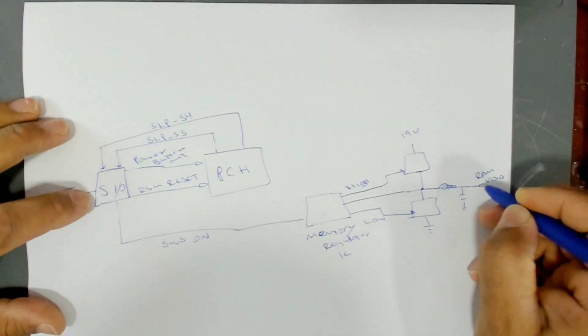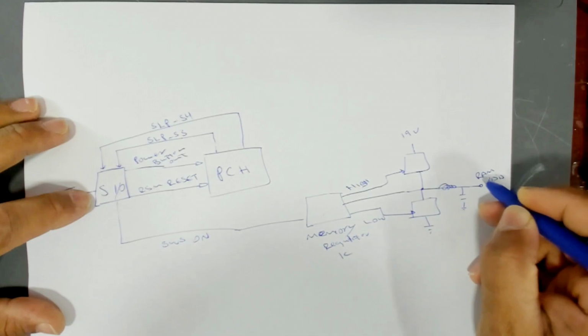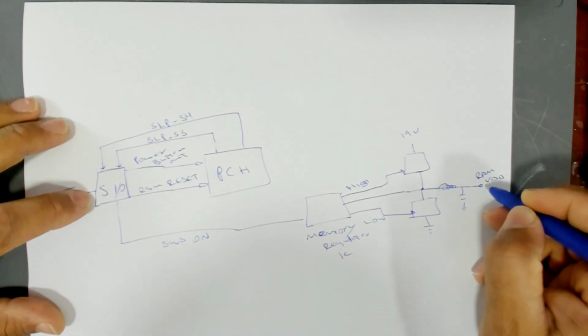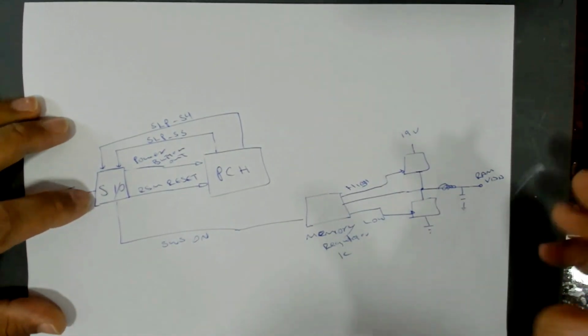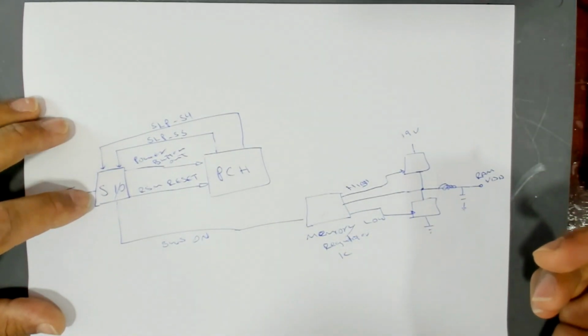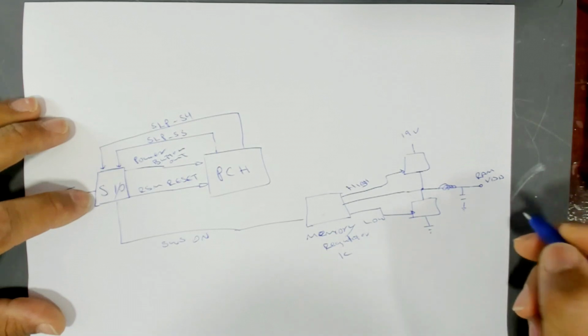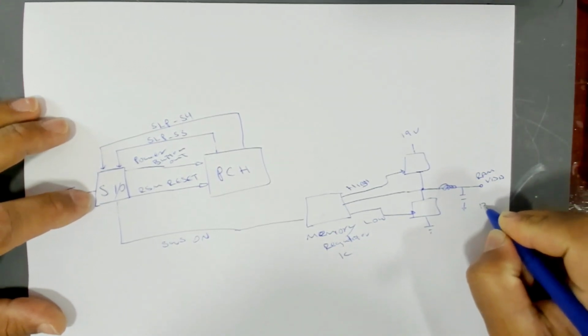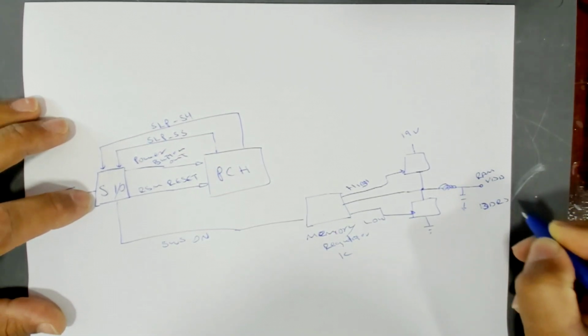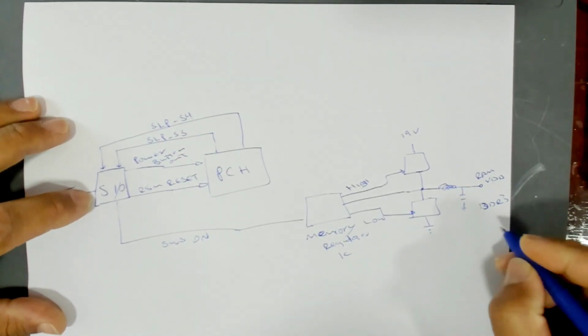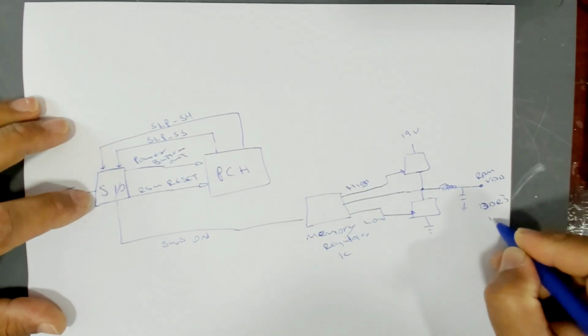And this voltage here, the VDD, depends on the RAM that is used on that specific motherboard. So if it is DDR3, for example, the voltage here should be 1.5 volts.